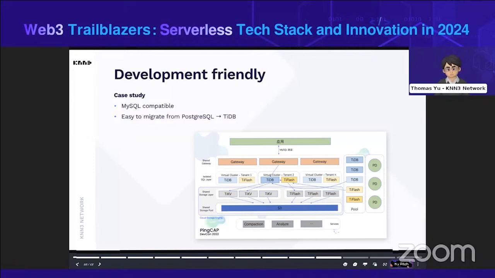Compatibility was one of the key targets in their architecture design, so this is something we should focus on. It's also compatible with many programming languages. So if your team is using Python, Rust, or Go, I think it's very compatible with TiDB.